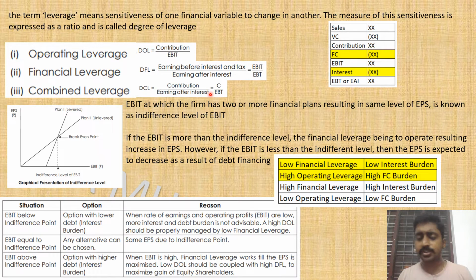Now, going to the next concept: what is the EBIT EPS indifference point? Many companies analyze which mode they can choose for financing the capital expenditure or investments they have planned. A company invests, then does the manufacturing or provides the service, and then gets returns in terms of profit.